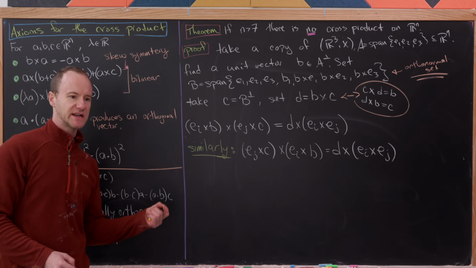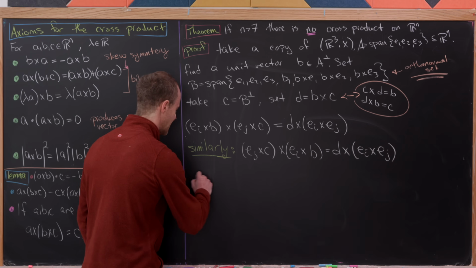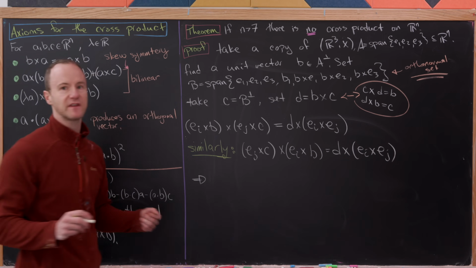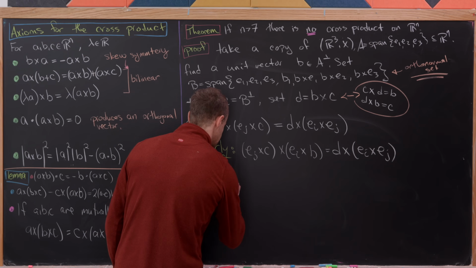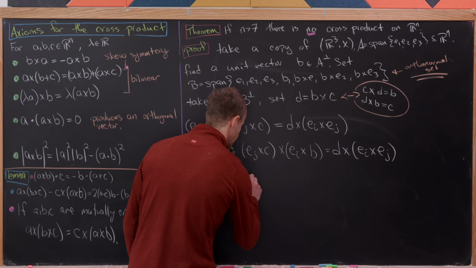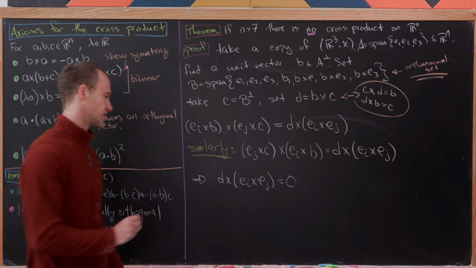But if the right-hand sides are both equal to each other and negatives of each other, that means it's equal to 0, because the only thing that is its own negative is 0. So that means we have D crossed into EI cross EJ is equal to the 0 vector.